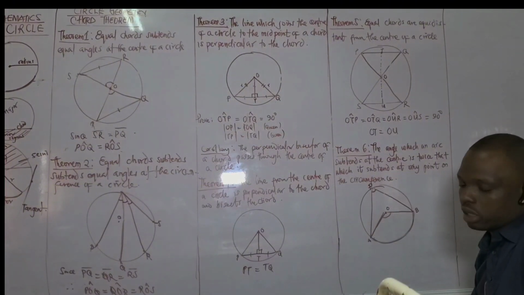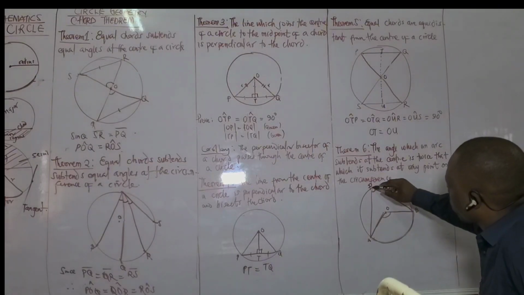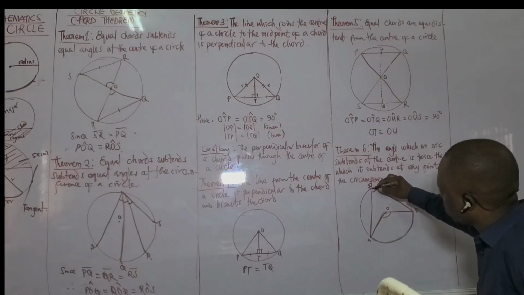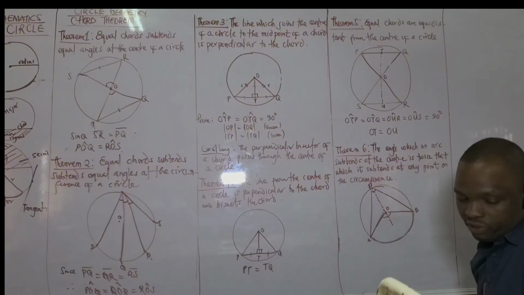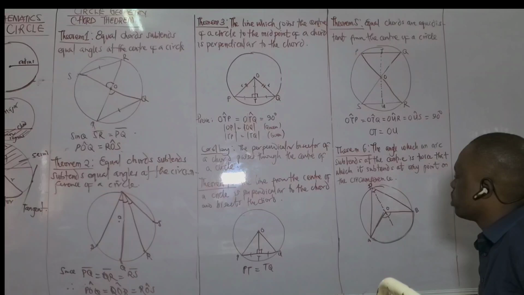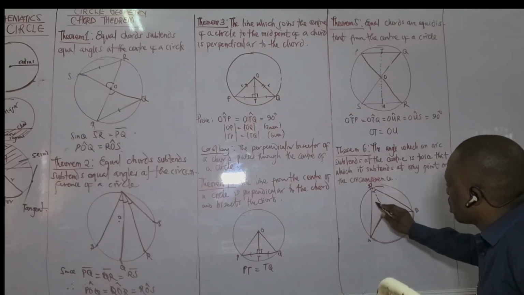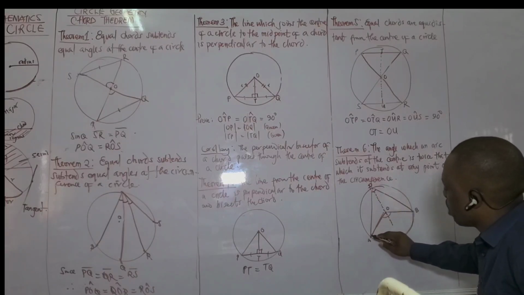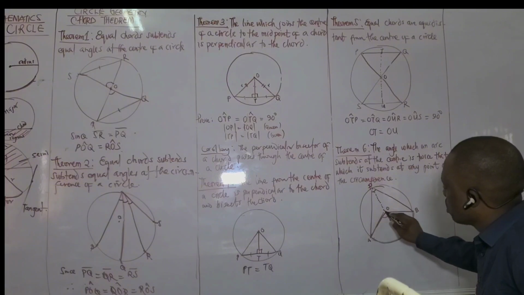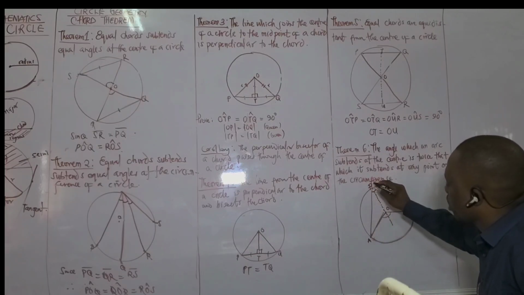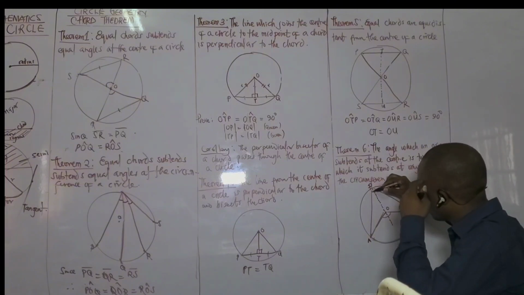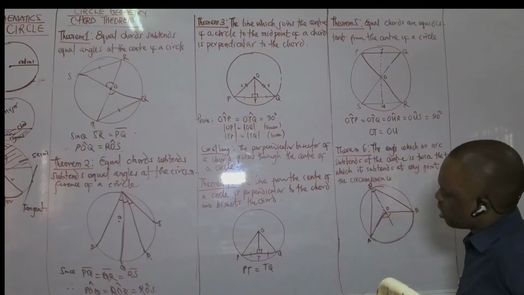What we do here is, let's look for a way of dividing this. If we divide this, there are so many proofs to it. We can see that this is a radius, this is also a radius. Since they are both radii, these are two radii for this triangle AOP, you will notice that this is an isosceles triangle.